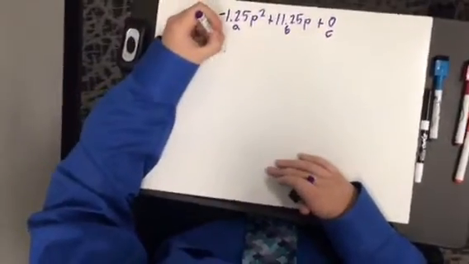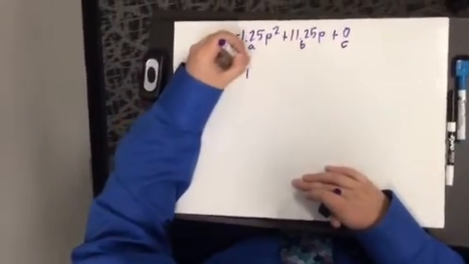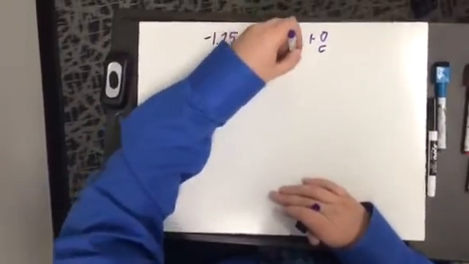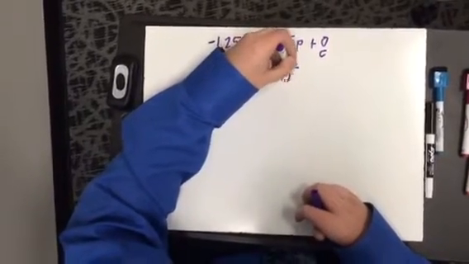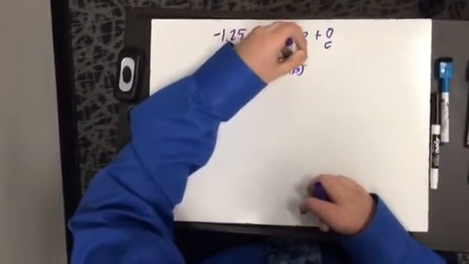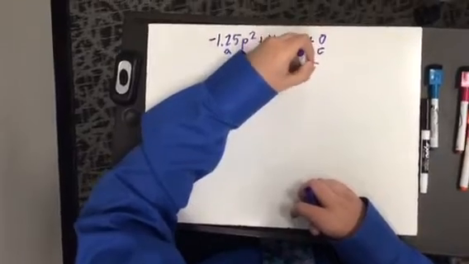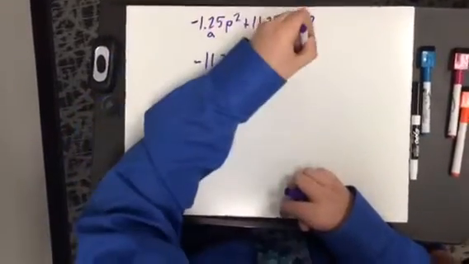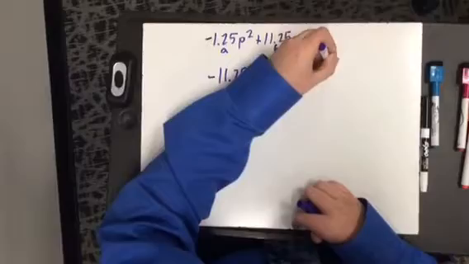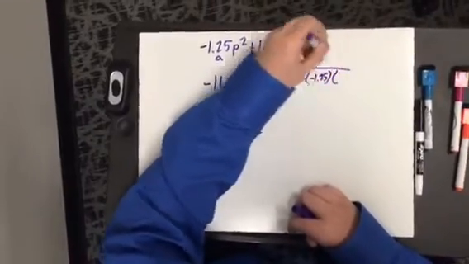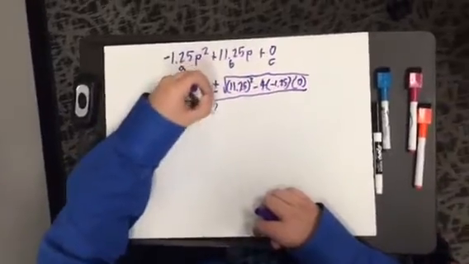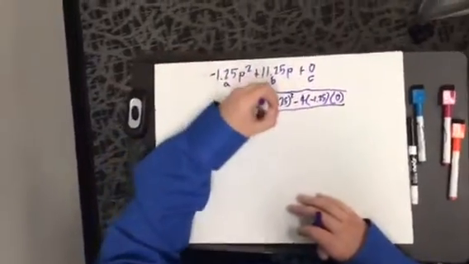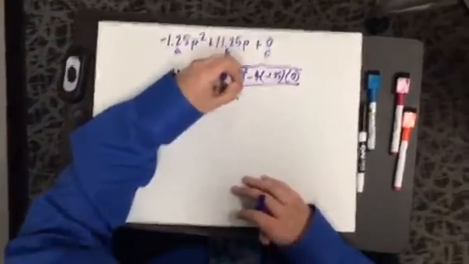So now we're going to take negative b, which would be negative 11.25 plus or minus the square root of 11.25 squared minus 4 times a, which would be negative 1.25, times c, which is 0, all over 2a, which in this case would be 2 times negative 1.25.